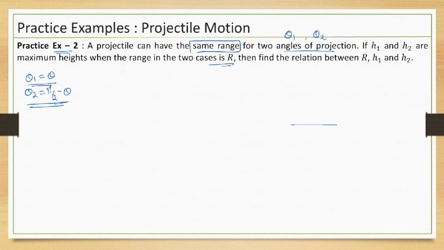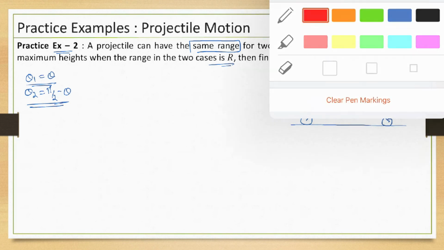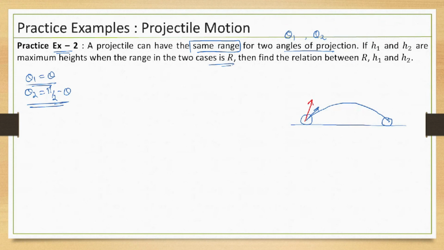Consider that the first object is thrown like this and reaches somewhere here, and the second object is thrown like this and reaches the same place. So we can say that R1 is equal to R2. Since the range is the same, v01 must be equal to v02, as per our condition.